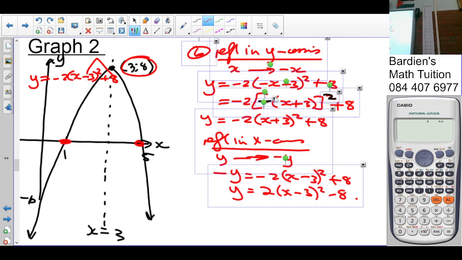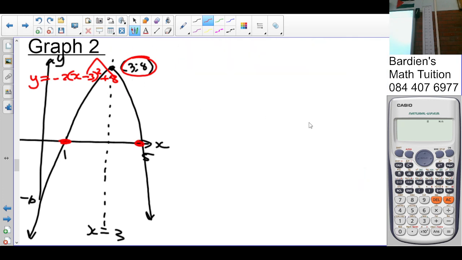Average gradient. Average gradient is similar to the gradient. Not so? But f of 1, we know already. F of 1 is equal to what? 0. We worked this out already, no? So this point is 1 and 0. Then f of 2.